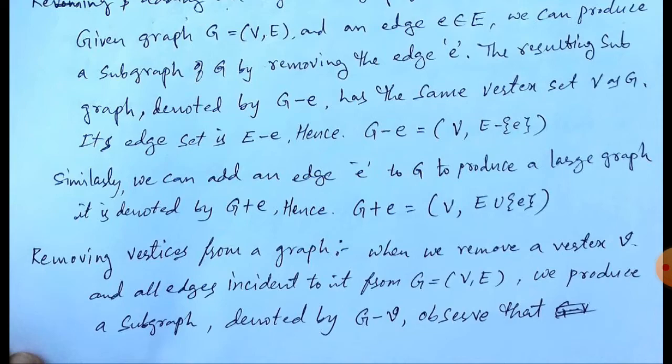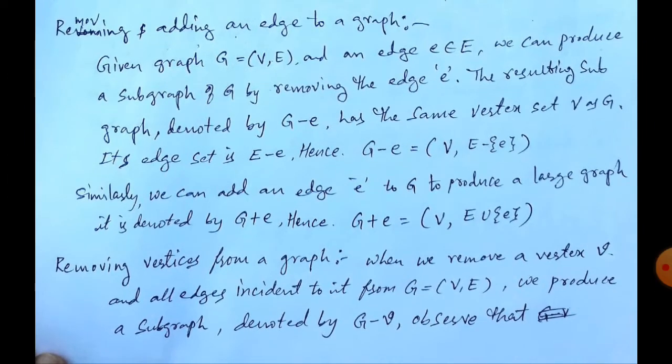Similarly, removing a vertex from a graph. When removing a vertex V and all edges incident to it from G equal to V comma E, we produce a subgraph denoted by G minus V. If we are deleting the vertex, then we have to remove the vertex as well as all the edges incident on that vertex.